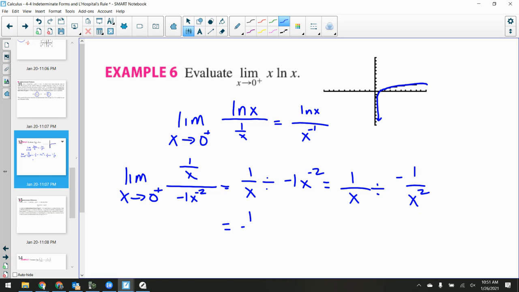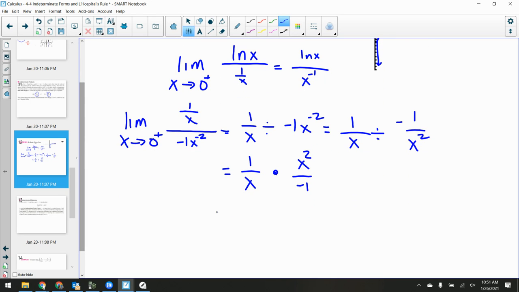Keep, change, flip. Over negative 1, but that doesn't really matter, does it? So algebraically, this will reduce down into just what? Negative x.